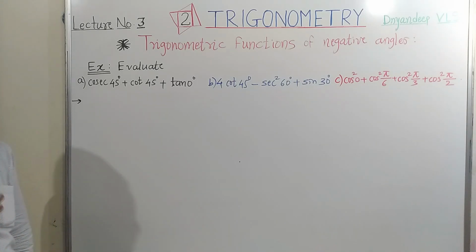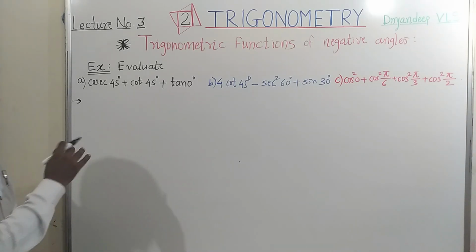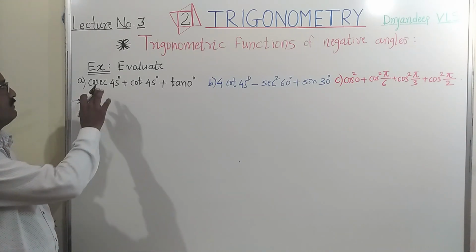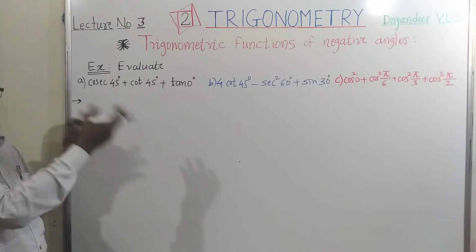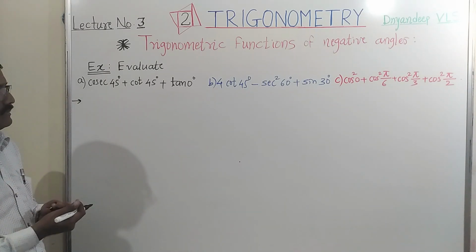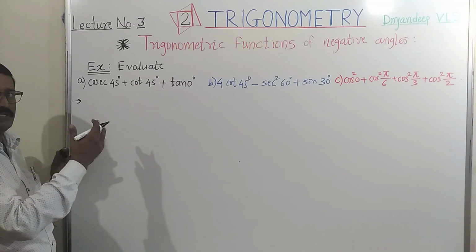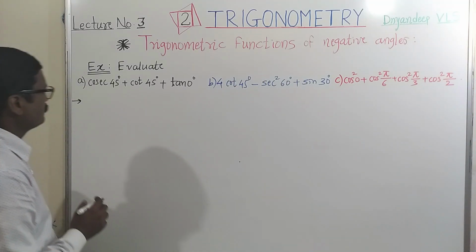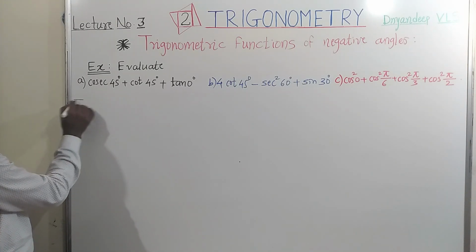If you know all the values of the trigonometric functions, then no problem, you can use them directly. Otherwise, if cosec, cot and sec functions are there, you can convert those functions into their corresponding functions of sin theta, cos theta or tan theta.